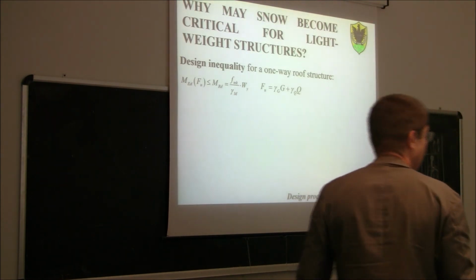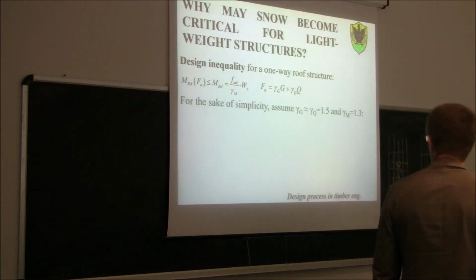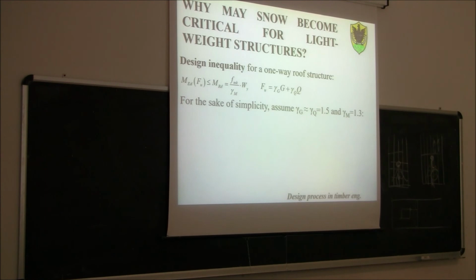Gamma Q is 1.5. Now, for the sake of simplicity, let's make this approximation. Let's assume that gamma G is more or less the same as gamma Q, that 1.3 is equal exactly to 1.5. And also, let's assume that gamma M, the partial safety factor, like in the case of solid timber, is equal to 1.3. What can we do?